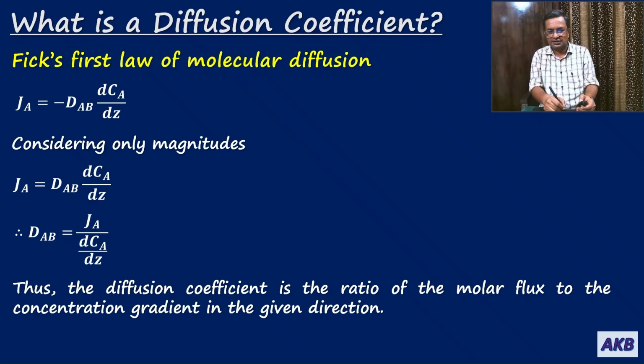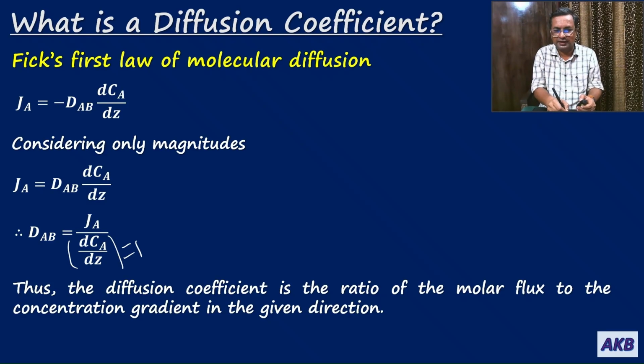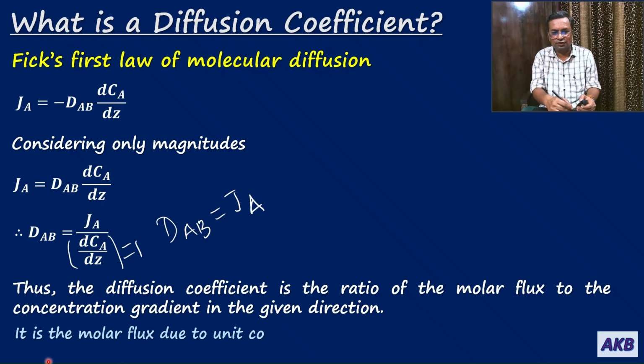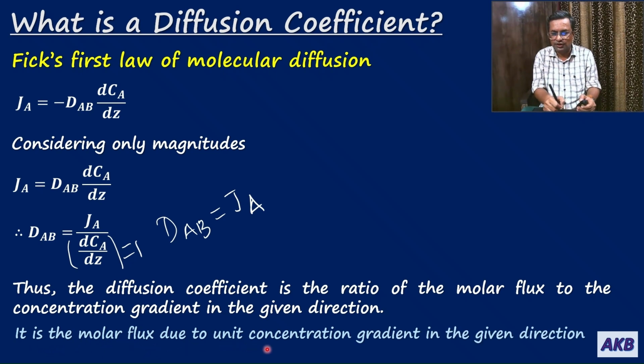So if this denominator is equal to 1, then simply DAB will be equal to JA. In that way, we can understand the diffusion coefficient as the molar flux due to unit concentration gradient in the given direction.